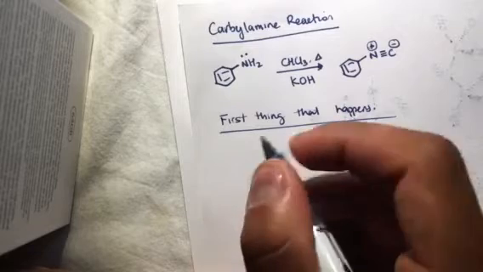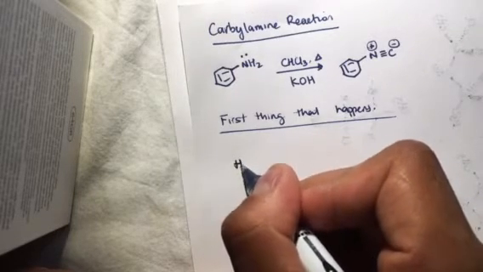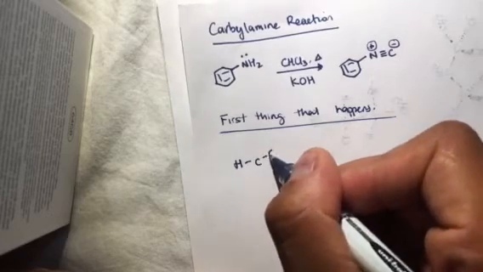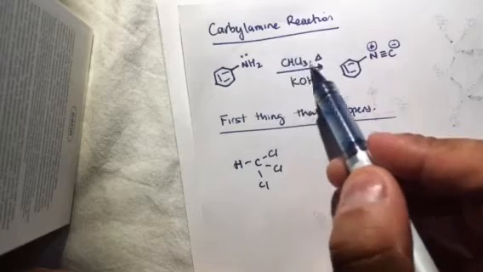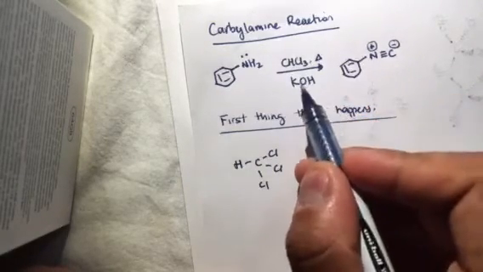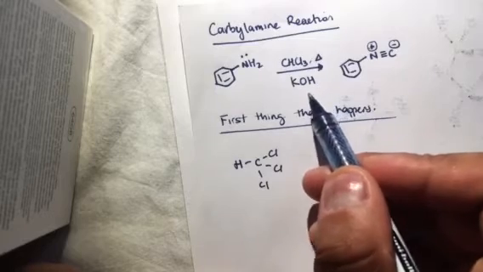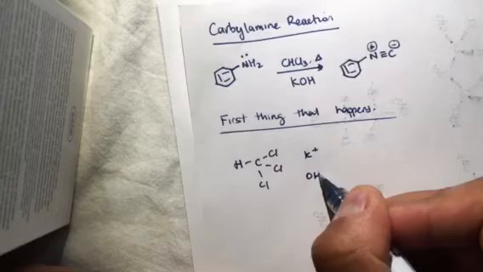So we have our chloroform. This is our chloroform, the CHCl3 right here. And potassium hydroxide in solution dissociates into K plus and OH minus, right?